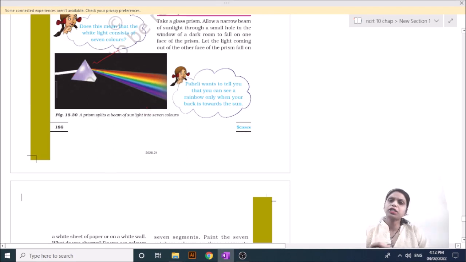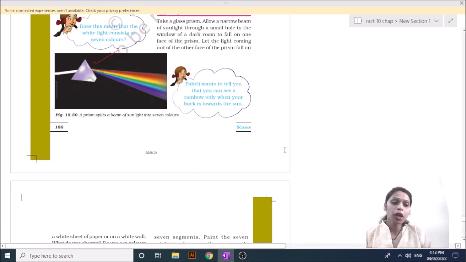Sometimes you might have seen a rainbow, a big arc in the sky. How is the rainbow created? When the white sunlight goes through the drops of water in the rain, it diverges into 7 colors, and that's why we get 7 colors in a rainbow.